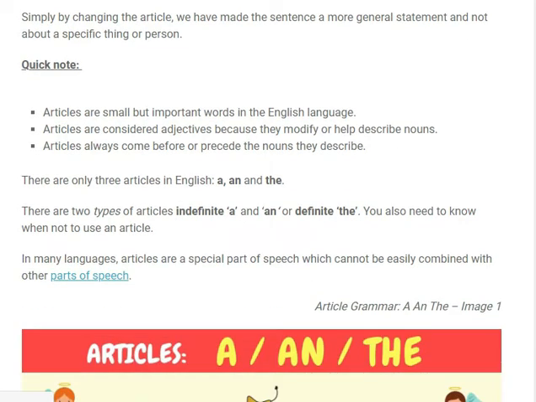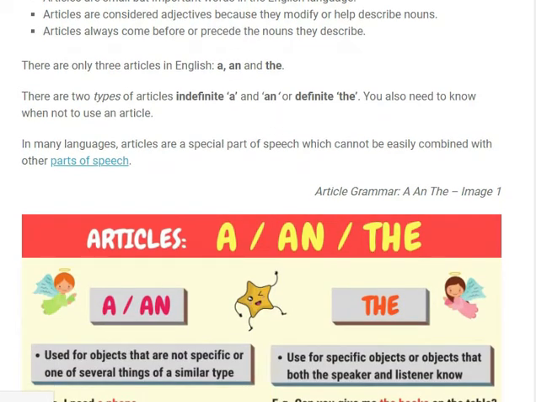So, quick note, articles are small but important words in the English language. Articles are considered adjectives because they modify or help describe nouns. Articles always come before, or precede, the noun they describe. So there are only 3 articles in English, which we said multiple times.